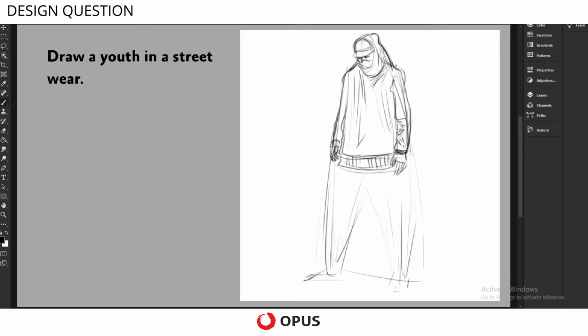So we almost have that top part, and then we can go for the trousers.